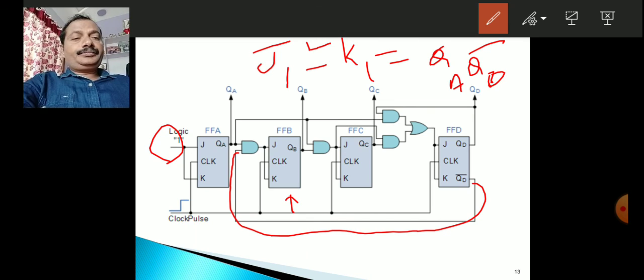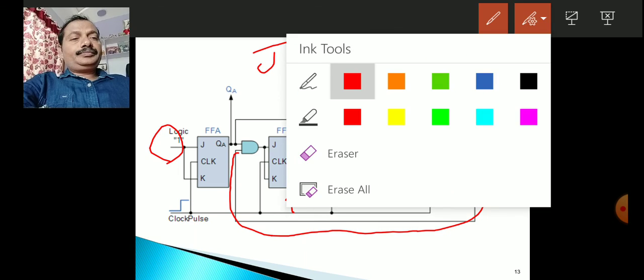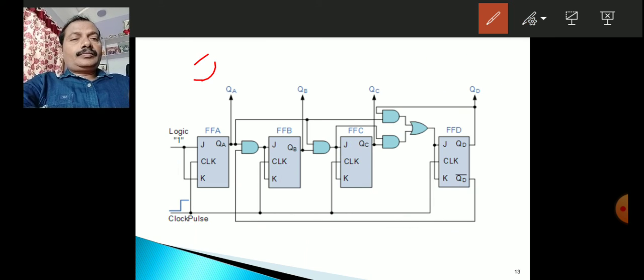And for the next flip-flop, J2 equals K2 equals Qa Qb. That's all. You will get the design equation like this.